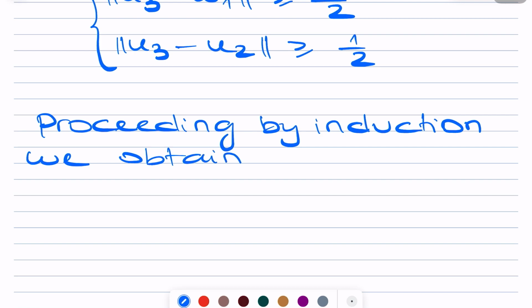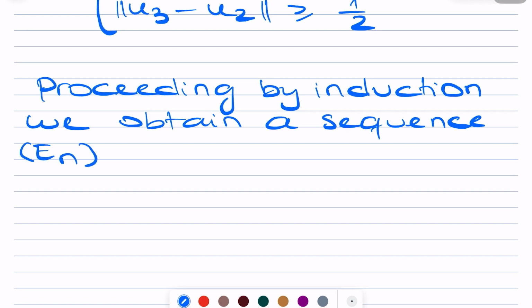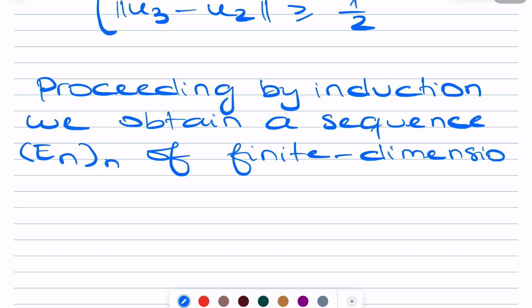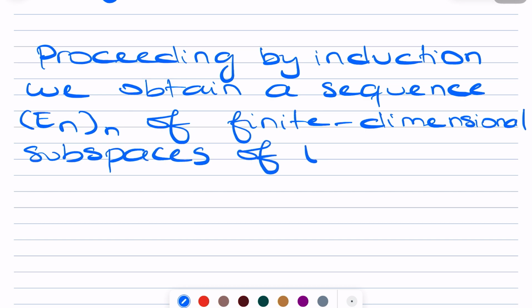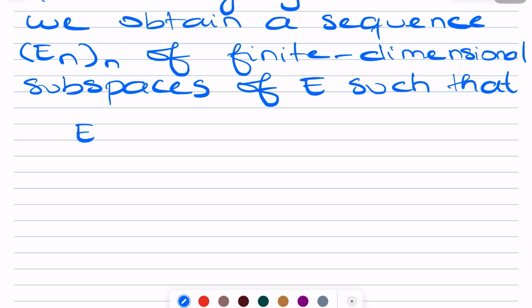the sequence, let's say En, of finite dimensional subspaces of E, such that the sequence is even increasing, so that En minus 1 is contained in En.